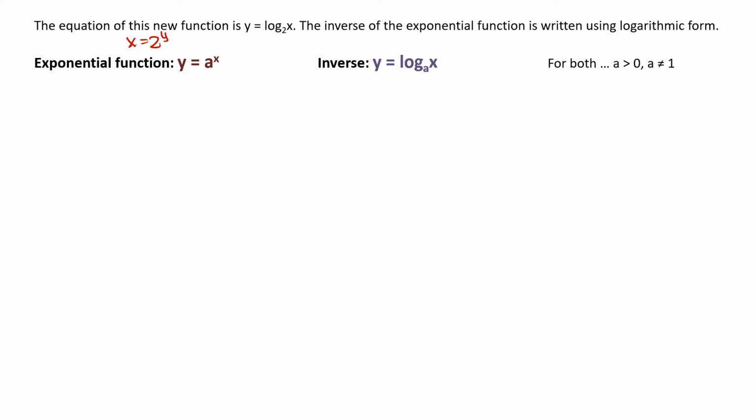The exponential function, you already know that one. That's y equals a to the power of x, where a is any base. So today we've only been talking about a base of 2, but our base could be anything. And the inverse of that will look like this. It's really important you match up the letters. So whatever was the base here, this little subscript is called a base.